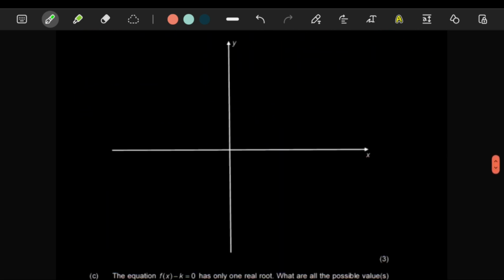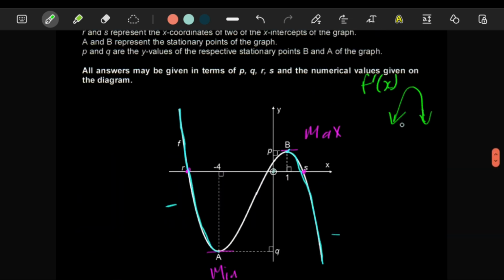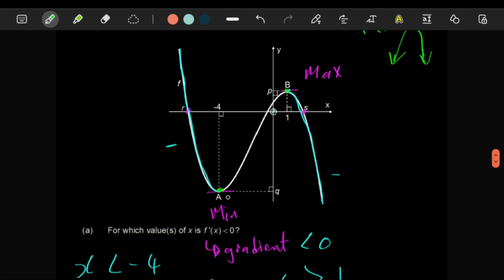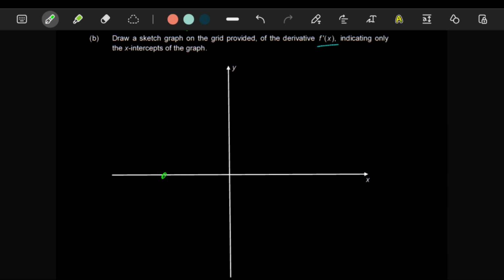So now that we know that, you always have to remember that the turning points always represent the x-intercepts, because remember, the y values of your first derivative are always going to be the gradients of your original graph. So we know that the gradient here is 0, so that's why the y value here is 0.